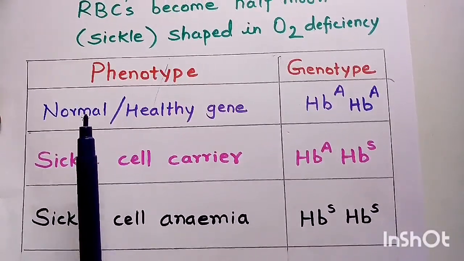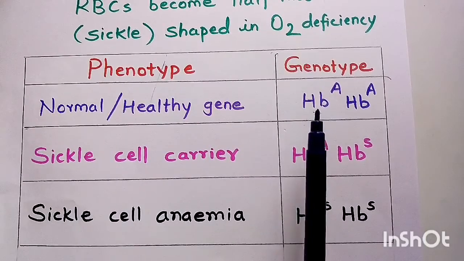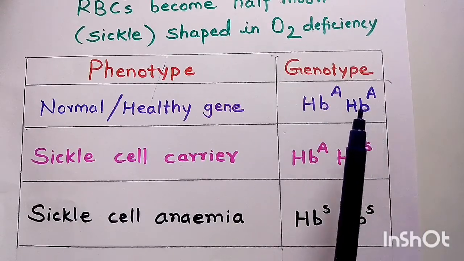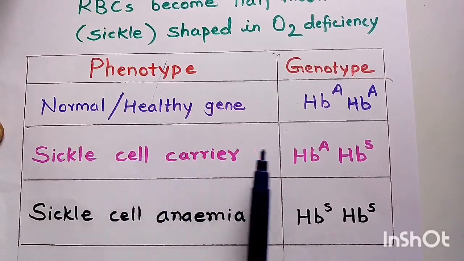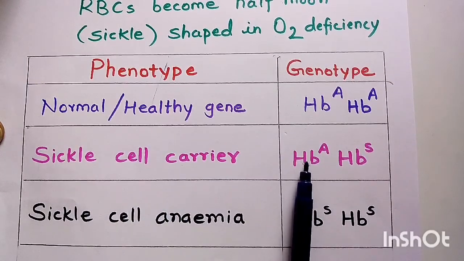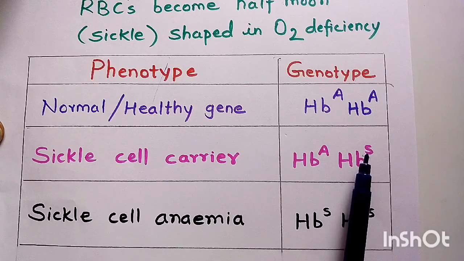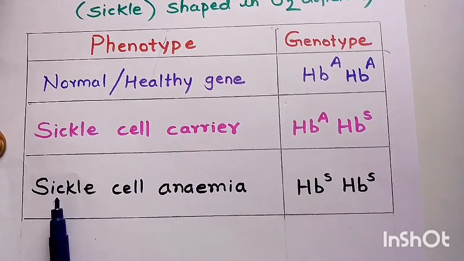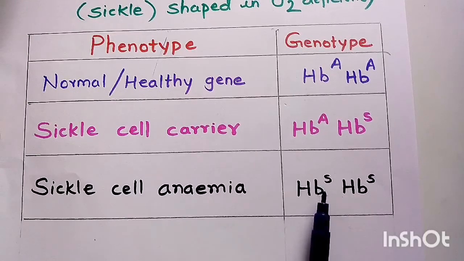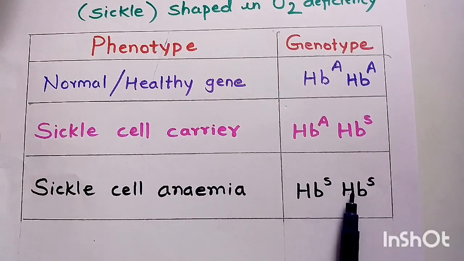The normal or healthy person will show genotype as HbA HbA, homozygous condition. The carrier person for sickle cell will show genotype as HbA HbS, heterozygous. And the person suffering from sickle cell anemia will show HbS HbS as its genotype.